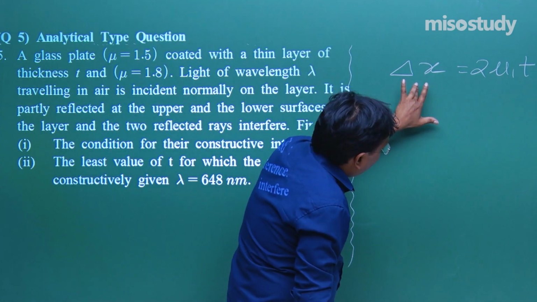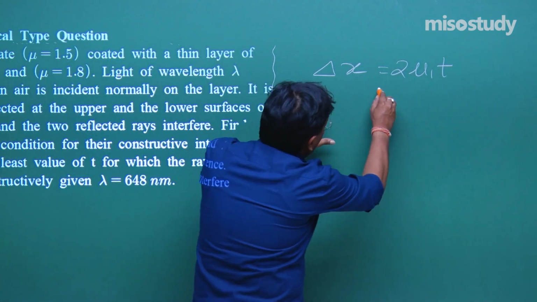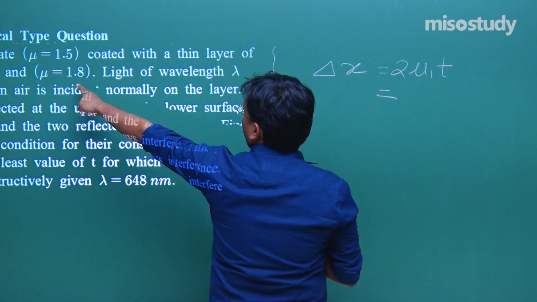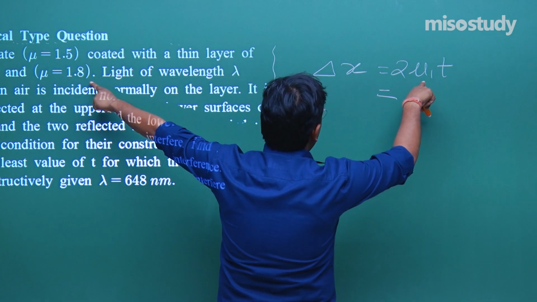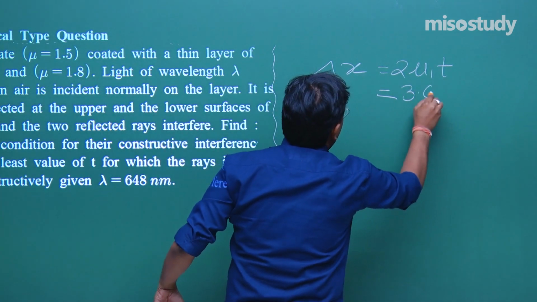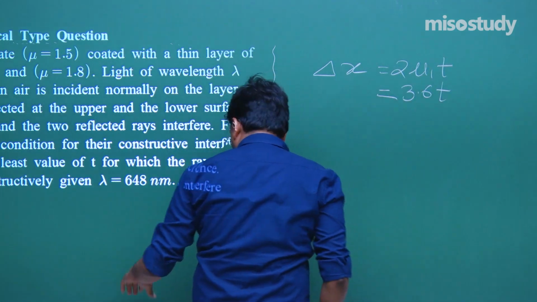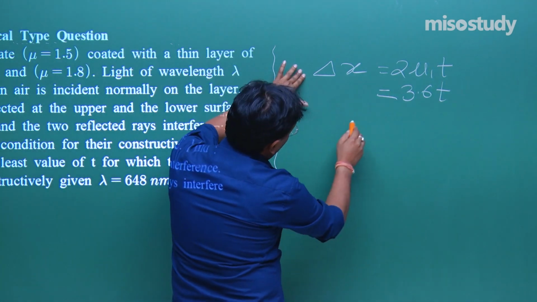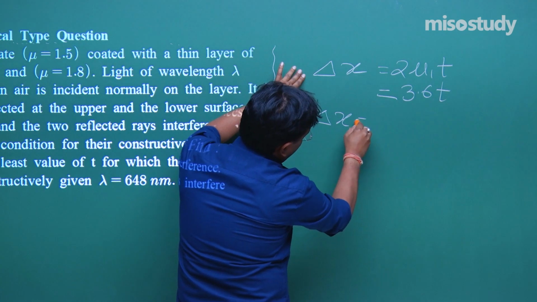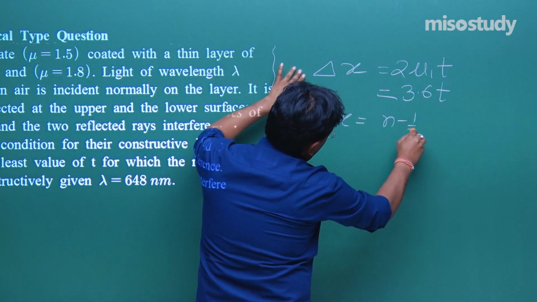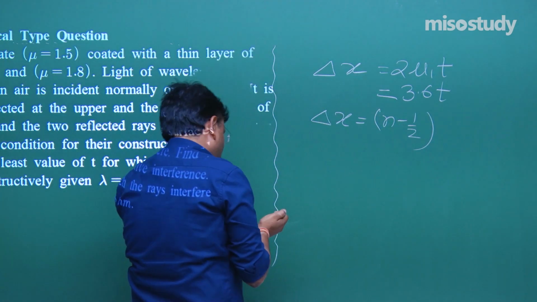So delta x is equal to twice mu1 into T, that is 1.8. If you multiply 1.8 over here, you will get 3.6 T, fine. Let it remain like that only, no problem. So delta x finally is equal to (n minus 1/2) into lambda.